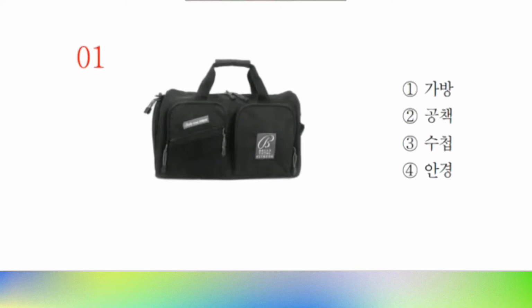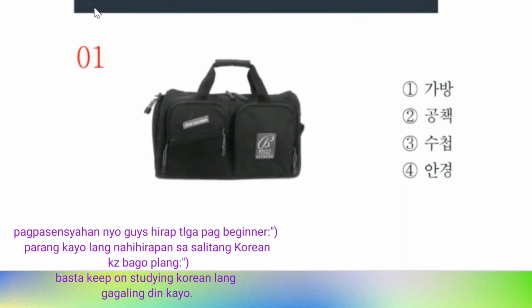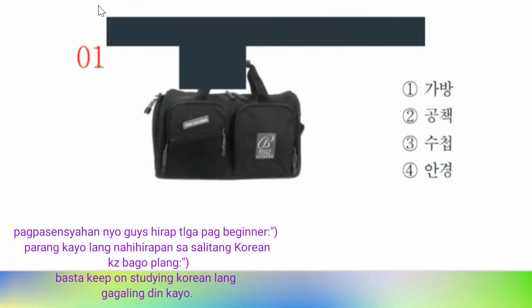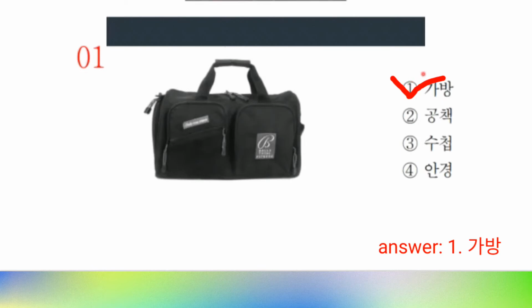Okay, so the answer is, what's the answer? Ano yung pansulat ko? Dapat magsulat ako eh. Okay, so maybe ito na lang gagamitin ko. Okay, so the answer is number 1, bag.